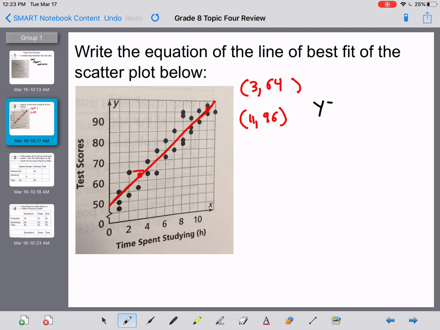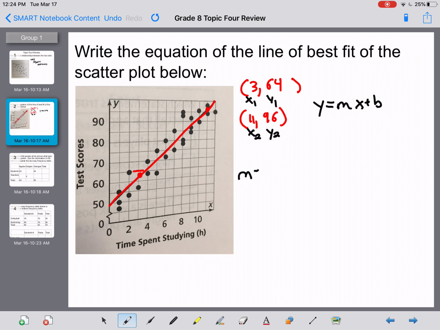Now I'm going to write my equation in the form y equals mx plus b. I'm going to label this as x1, y1, x2, y2. And since our points don't fall exactly on the grid, it's going to be difficult to use our graph, so we're going to do it by using these 2 points.